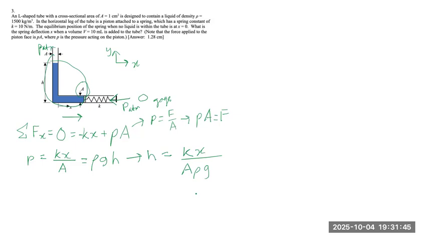We know A, we know rho, we know g, and we also know k, the spring constant. However, we do not know what h and x are. So since we have two unknowns and only one equation, we need another equation that relates h and x, and that will come from volume conservation.